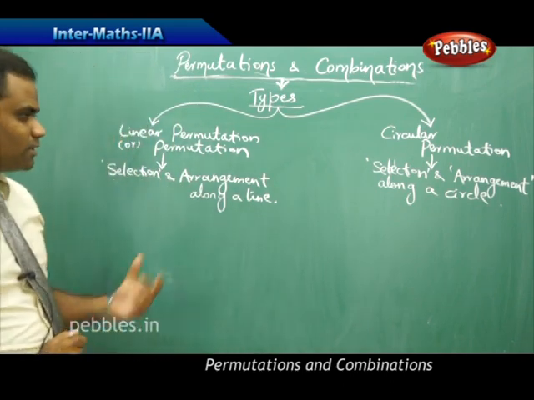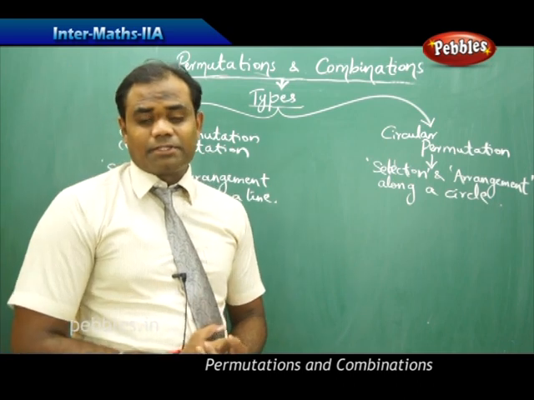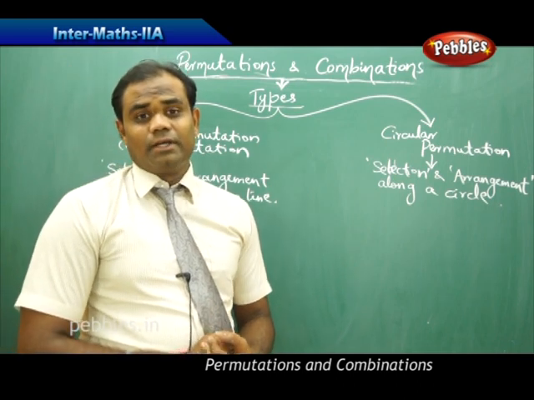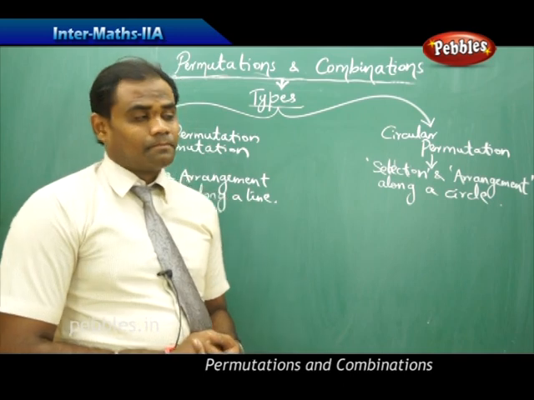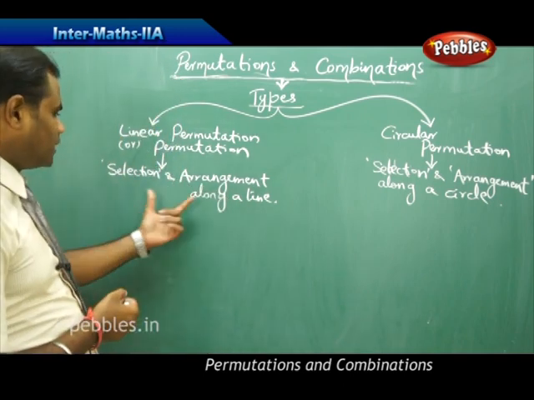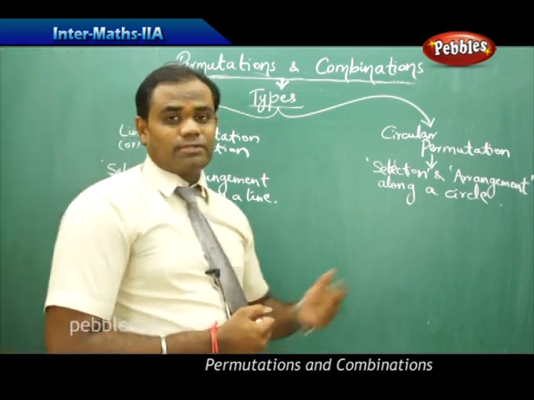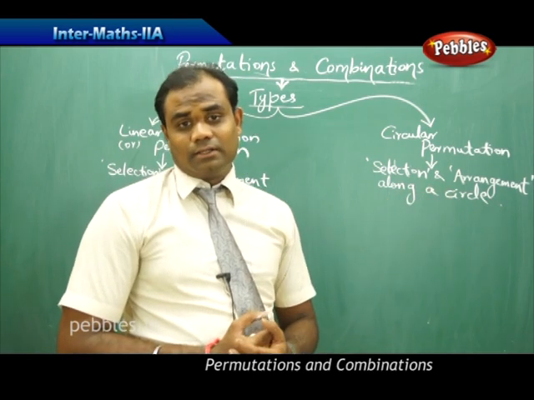Now, the biggest question here is: what is the difference between a linear permutation and a circular permutation? How does it differ when you select and arrange along a line, or when you select and arrange along a circle?